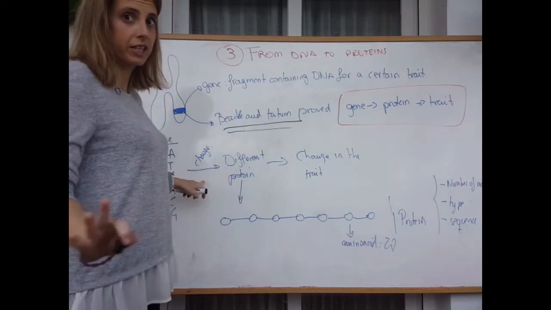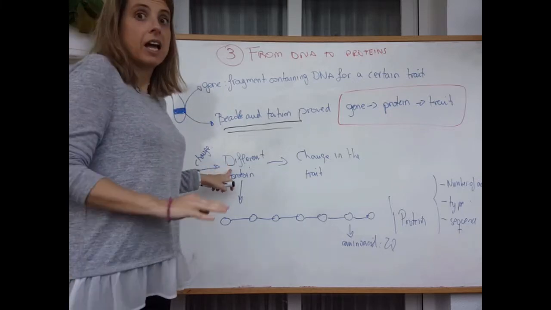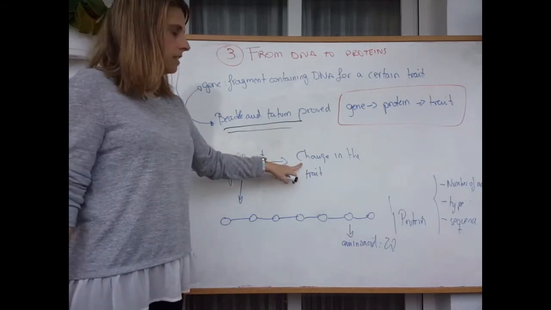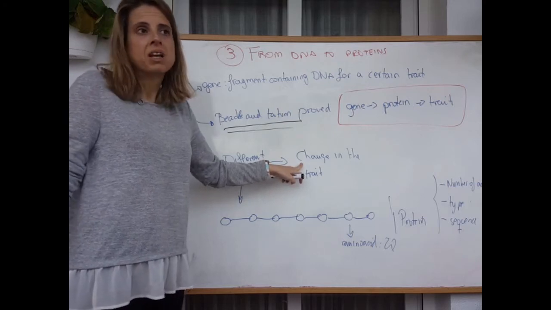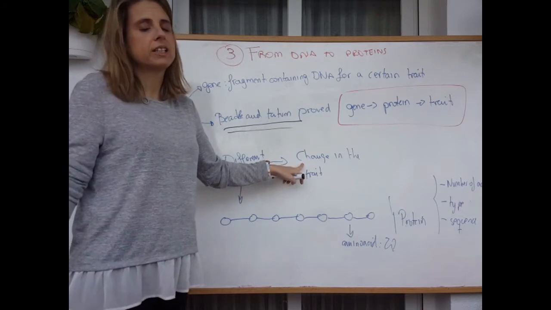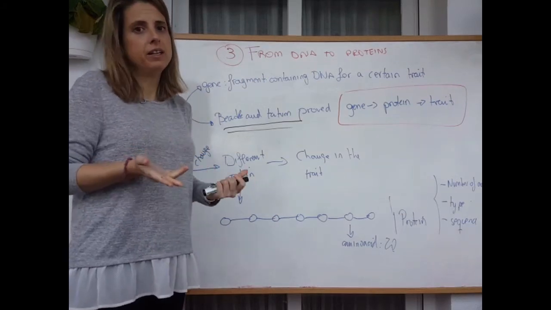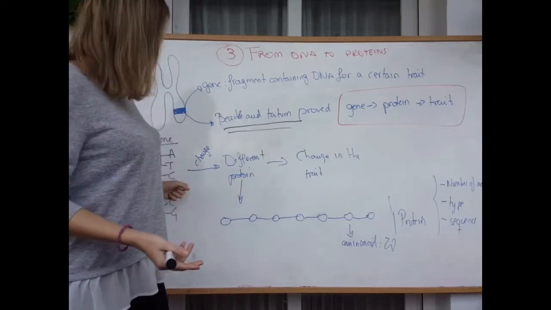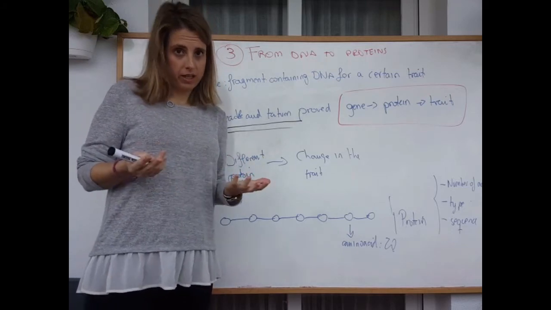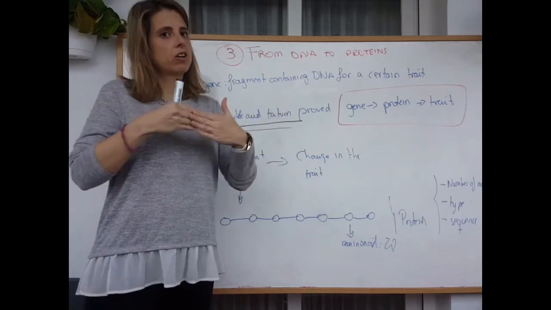Imagine transcription or translation are being done wrong. You are going to get a different protein, and if you get a different protein, there's going to be a change in the trait. This could be not a great thing, maybe, or it can be really bad. For example, there is a type of anemia where, genetically, these processes are done wrong. So the hemoglobin, the protein that carries the oxygen to the cells, cannot join to the oxygen.